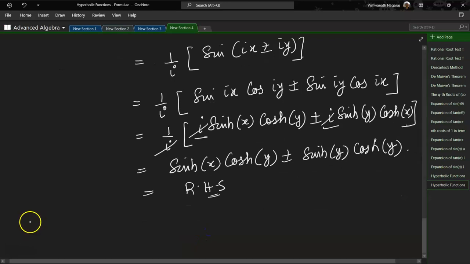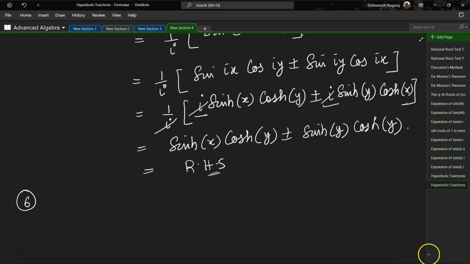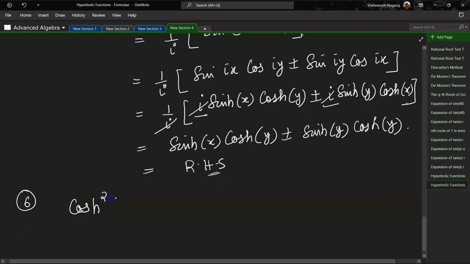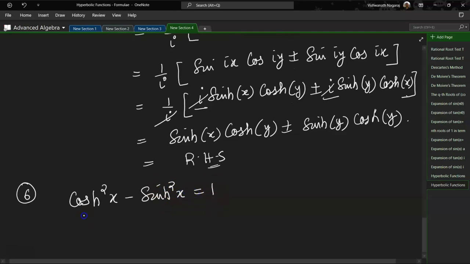Let's look at the next one, that is the sixth one. We have already seen hyperbolic cos square x minus hyperbolic sine square x is equal to 1, right? Let's divide this by hyperbolic cos square x.